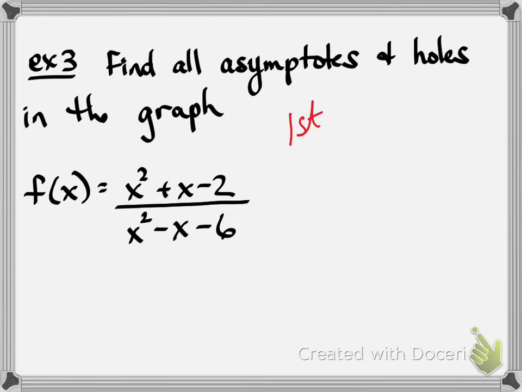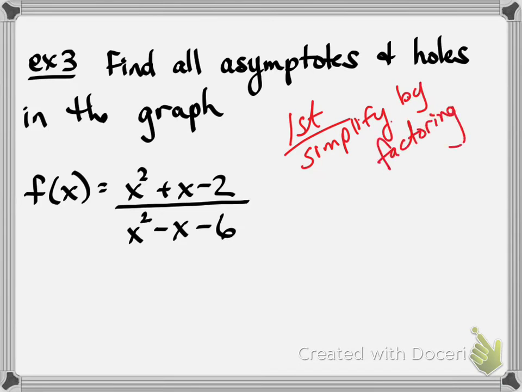And we're going to simplify by factoring. If you happen to look back at the examples that we've done so far today, none of them would factor. This is the first one that we've gotten that would. So just bit by bit, teaching us how to do this.